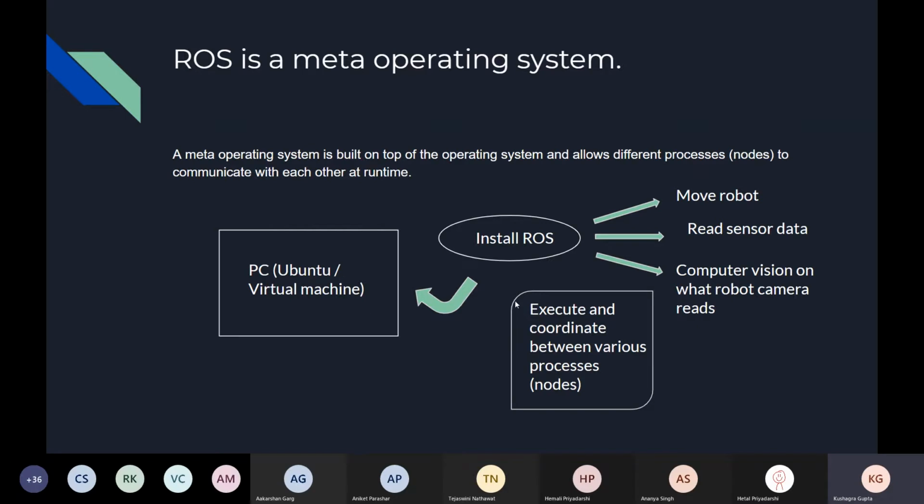So depending on whether you will be using a virtual machine or Ubuntu, you install ROS on that, and using ROS, you'll say, okay, these are the functions that I have to undertake for a robot, and for each function, I'll have a dedicated process, and I'll run that process. And ROS will make sure that all the processes are running and coordinate between the various processes.